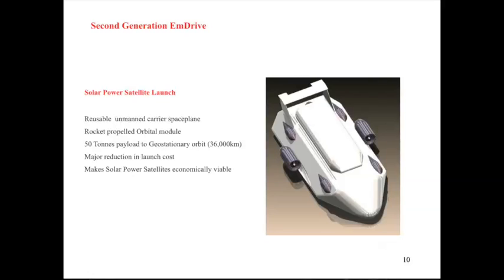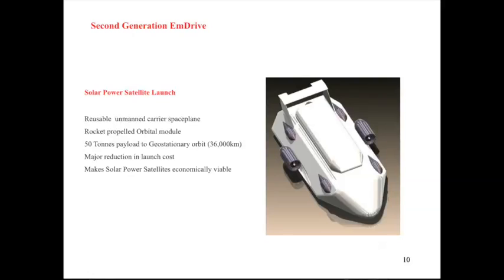So what we're saying is that we will use the EmDrive as a lift engine. This will lift the carrier vehicle to the altitude. It will do it gently and efficiently, rather than in the rather brutal manner of a classic launch vehicle.